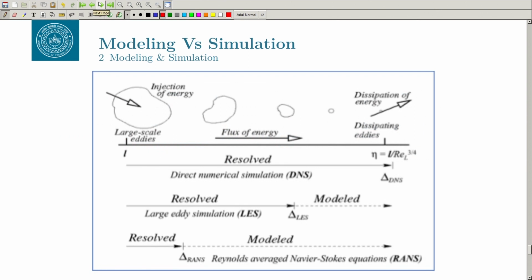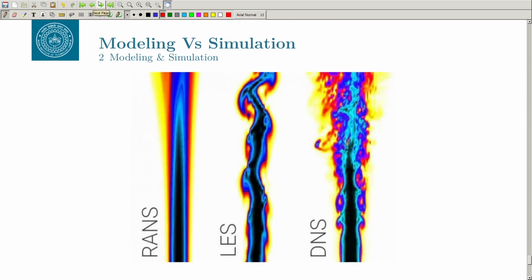Here you have RANS, which is the mean flow. This is how the DNS looks, a picture of a flame, a realistic simulation. And this is the LES, where you capture the mean flow plus some fluctuations, but not the very small fluctuations as we see in the DNS here.